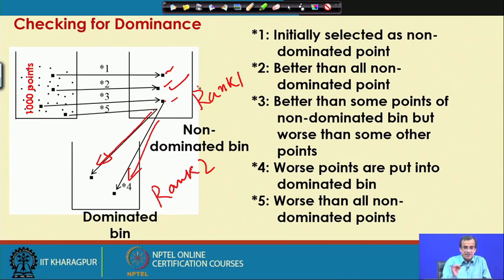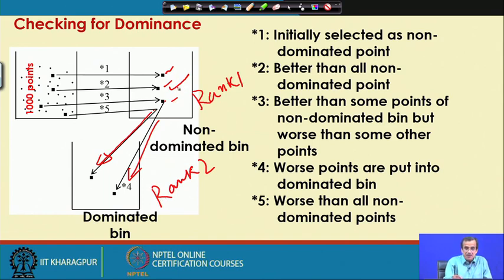Let me take a numerical example. Supposing that I have got 1000 points here, and say in the rank 1 bin I have got 200. So, the remaining 800 should come here. Now, I start this process with 800 here, and we will find out the modified rank 2 and the rank 3.